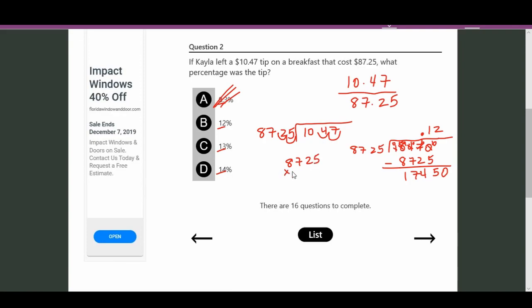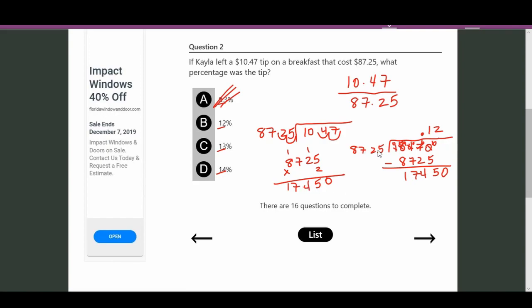8,725 times 2. 5 times 2 is 10, carry the 1. 2 times 2 is 4, plus 1 is 5. We can see it's already starting to match. 7 times 2 is 14, carry the 1. 8 times 2 is 16, plus 1 is 17.